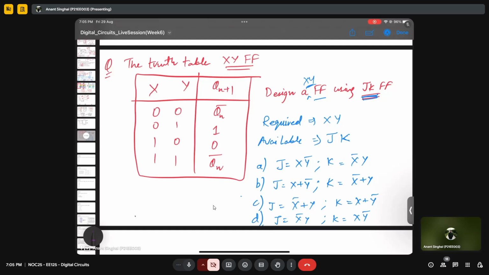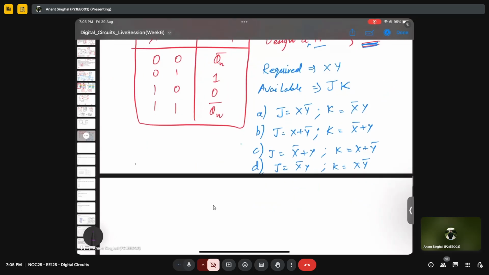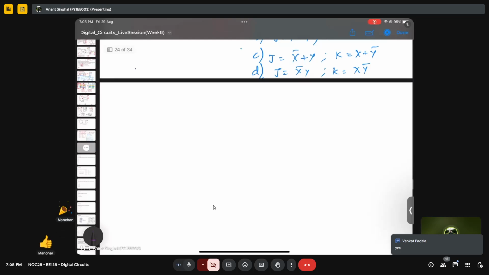As we know, the first step is to make the characteristic table of the required flip-flop. Was everyone able to make the characteristic table? Please respond to this, either say yes or no.